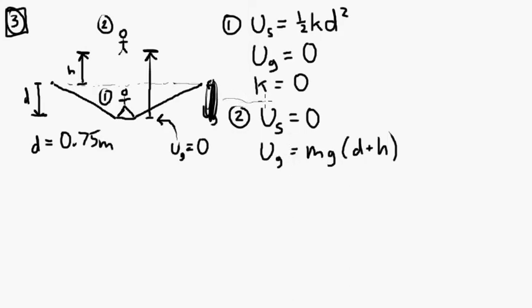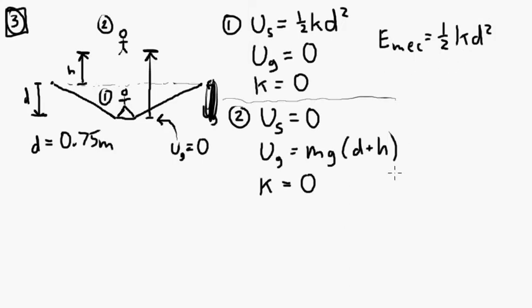Let me just draw a line in there to make it clear that we're doing 2 different states. And then at the very top of his bounce, he is once again instantaneously motionless, so his kinetic energy is 0. Again, this is a very simple conservation of mechanical energy. We're going to assume no non-conservative forces. I think the problem says that, but if it doesn't, then that was really what was intended.